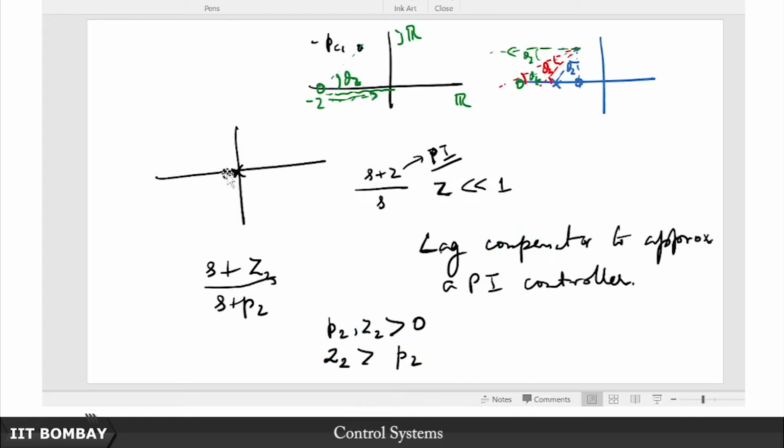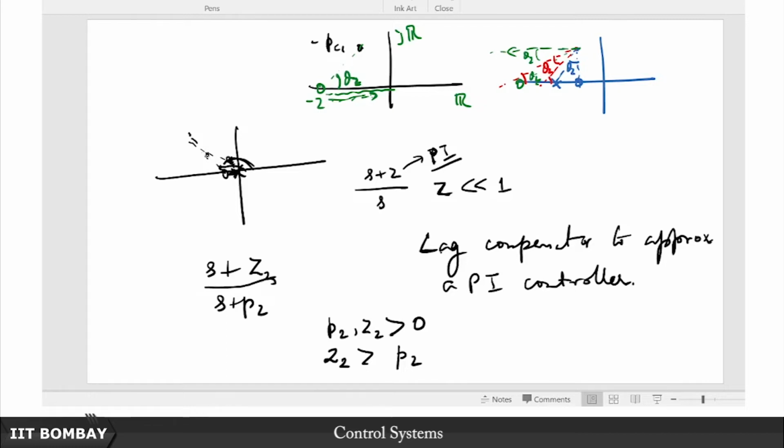So in other words, the zero is to the left of the pole. At any point on the root locus, or any point on the complex plane, the phase contributed by this pole is greater than the phase contributed by this zero, because this angle is equal to this angle plus this small angle here.